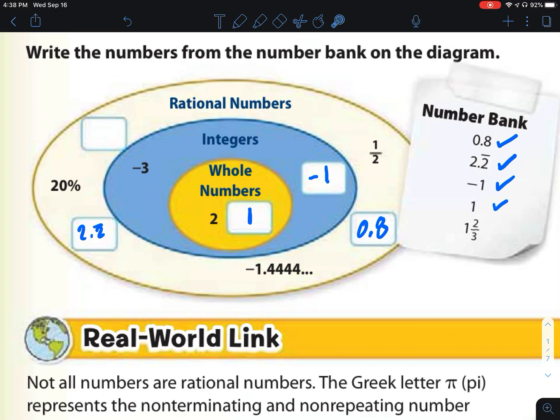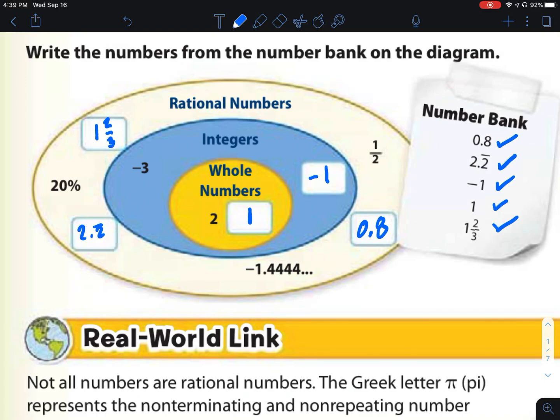So 1 is a whole number, an integer, and a rational number. Negative 1 is an integer and a rational number only. And finally, 1 and 2/3. You have a whole number and part of a whole in 2/3. So 1 and 2/3 is considered to be a rational number.